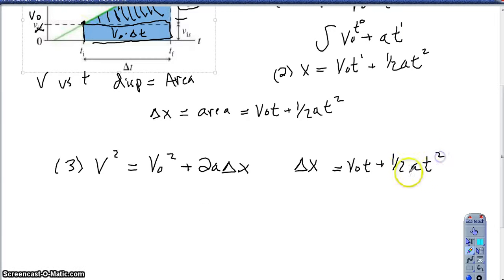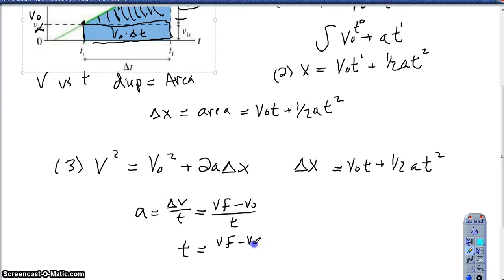If I start with this relationship, and I know that the acceleration equals delta v over t, and I break the delta v up into v final minus v initial over t, and solve this relationship for t, it would be v final minus v sub 0 over a.